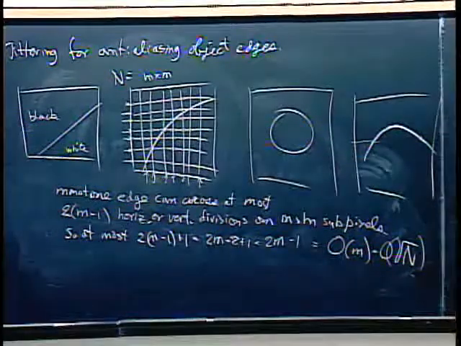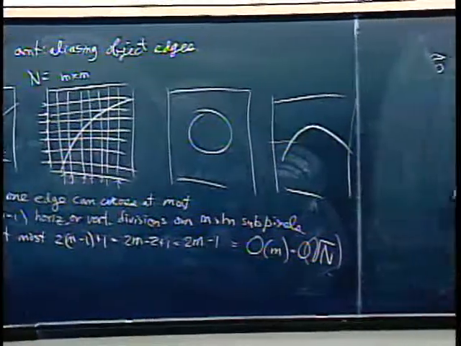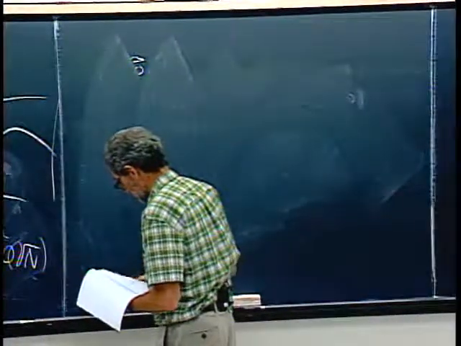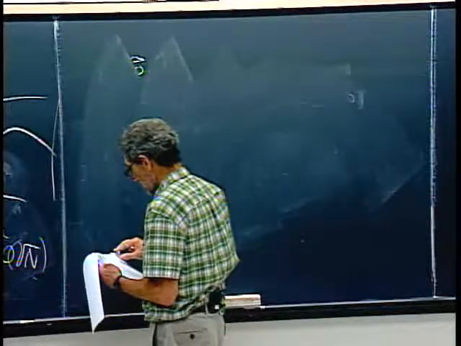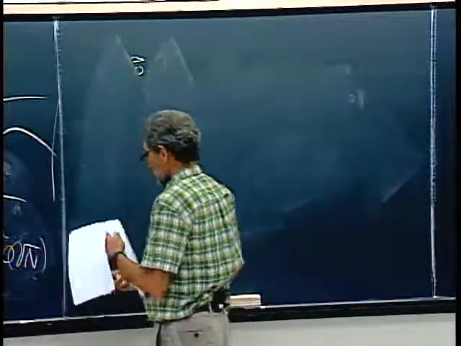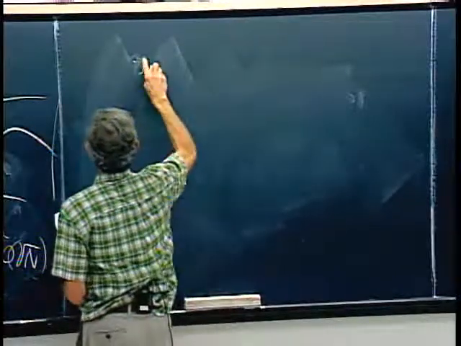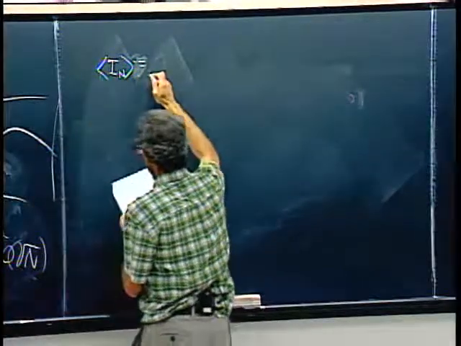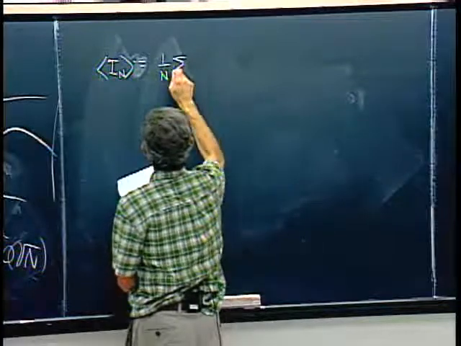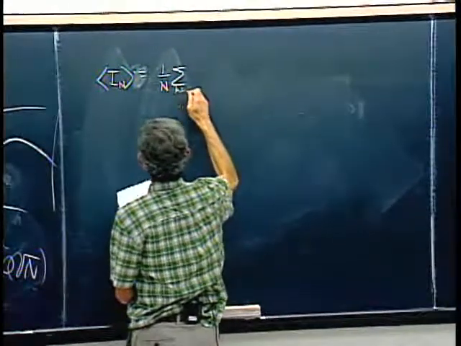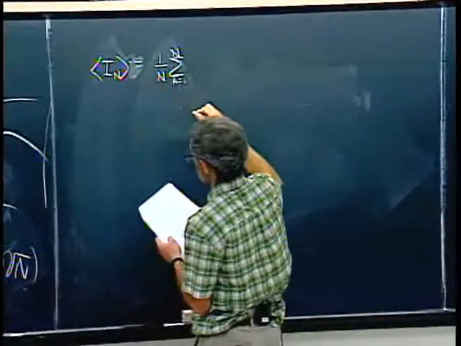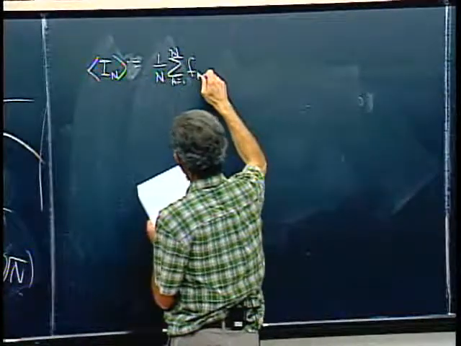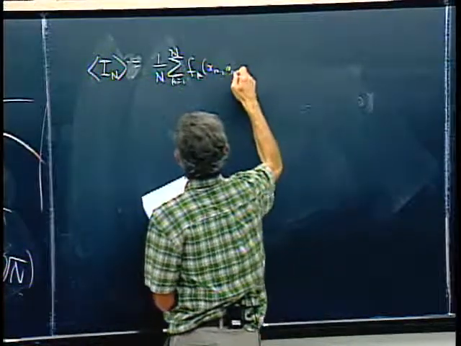So what we're trying to estimate is the variance. So our estimate I_N is 1 over n times the sum k equals 1 to capital N, where k stands for one of these subpixel samples of f of k, x_k, y_k.